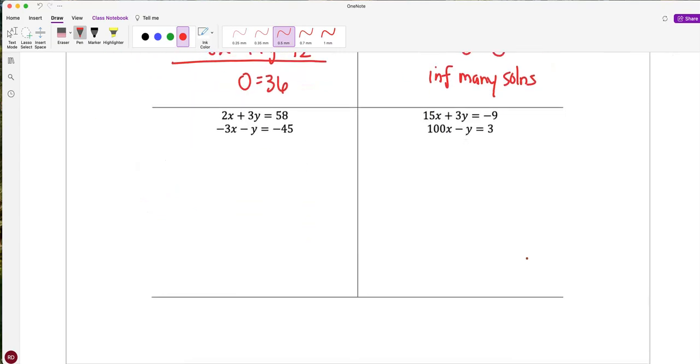Now the next one. The easiest one to eliminate would be the y variable, because I only have to multiply the bottom equation by 3.